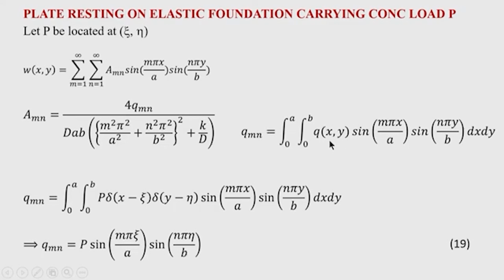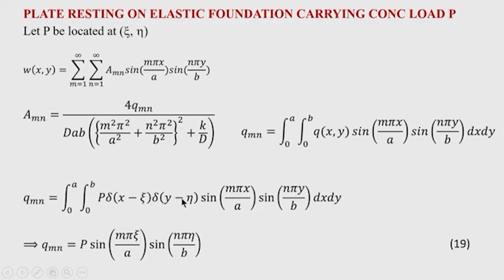Because of the discontinuity due to the concentrated load, we have to express q(x,y) in this form. q(x,y) is expressed as P into the Dirac delta function of x minus xi, and again the Dirac delta function of y minus eta.